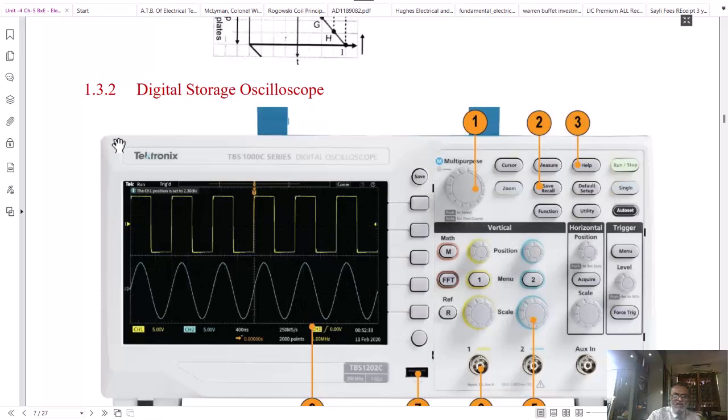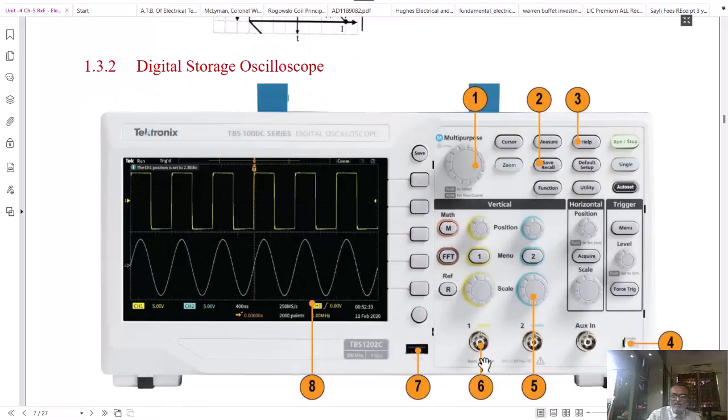Normally, the display used in the digital storage scope is an LCD display. If you see, there are multiple channels. Here, two channels are shown. This oscilloscope is made by a company, Tektronix.